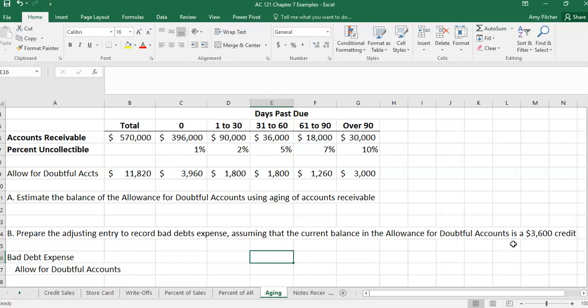So we need that credit balance to be $11,820. So we need to record a credit of $8,220 to our allowance for doubtful accounts to get that ending balance to be $11,820.